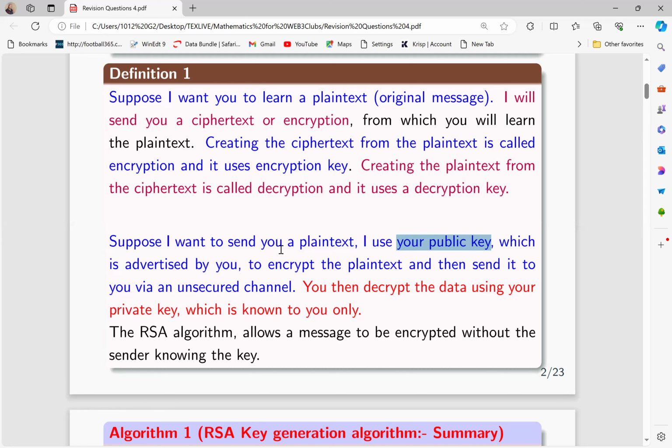You make it public. That public key can be used by anybody wanting to communicate with you. So if I wanted to communicate with you, I'll use your public key. If Wanjiru wanted to communicate with you, she'll also use that public key. You just prepare one public key and make it public for anybody that wants to communicate with you.